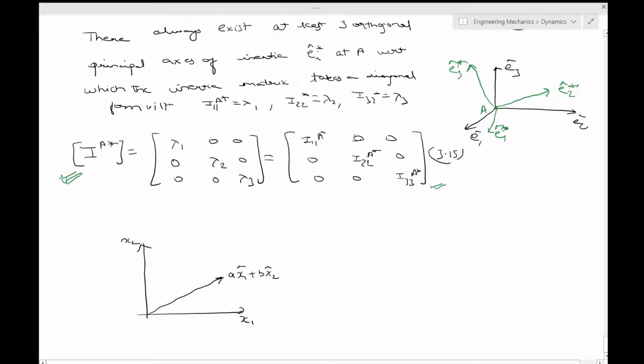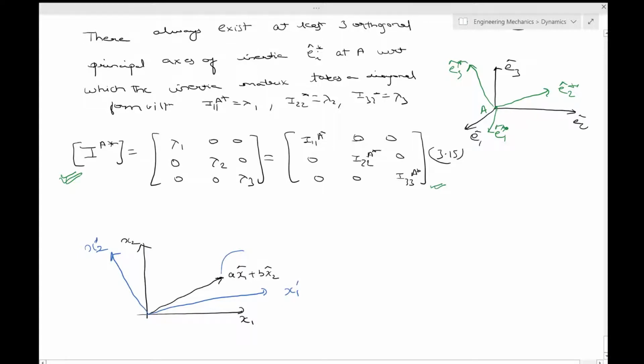Okay, now you know that you can transform this x1 and say x2 in this way, and then the same vector, the vector itself does not change, only its representations will change. So now let me call this x1 dash and x2 dash.